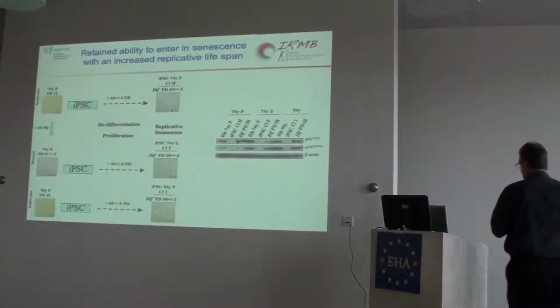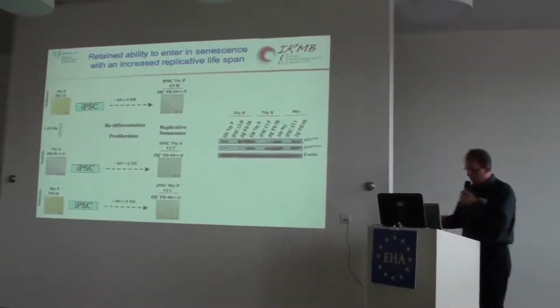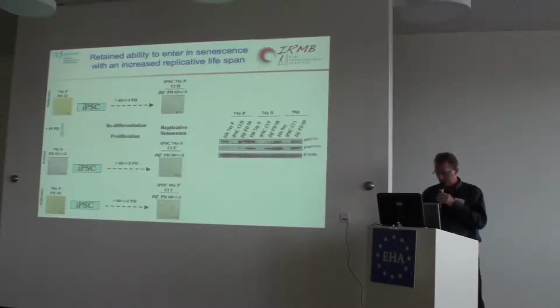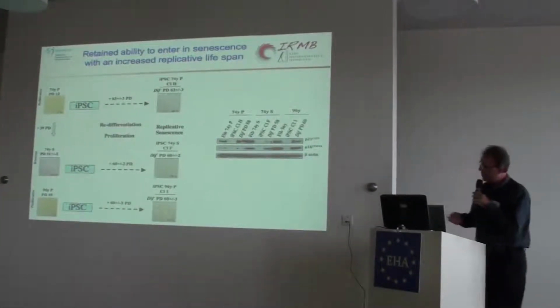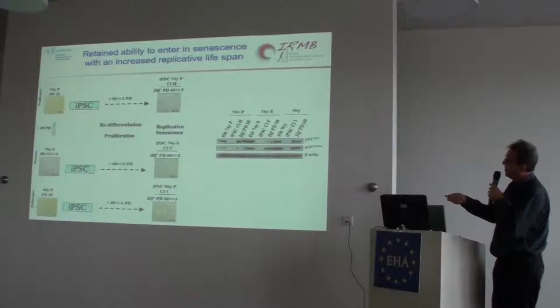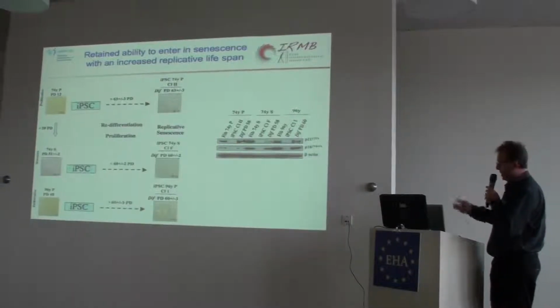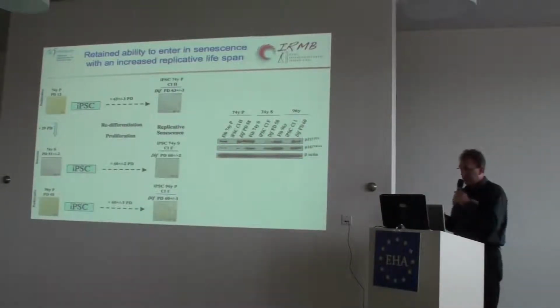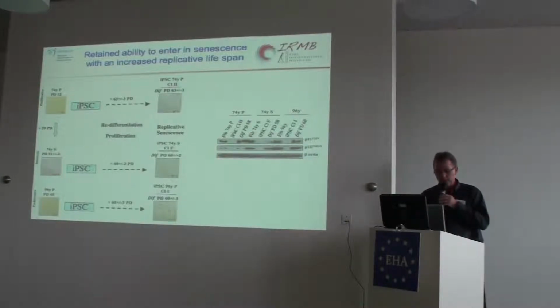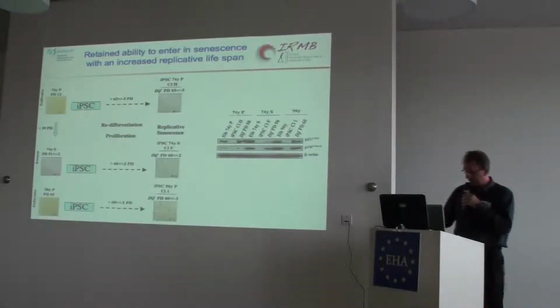We gain, after redifferentiation, 62 possible divisions. But interestingly, we were able to go into replicative senescence again, indicating that we maintain this ability, and we are not in a situation of immortalized cells.